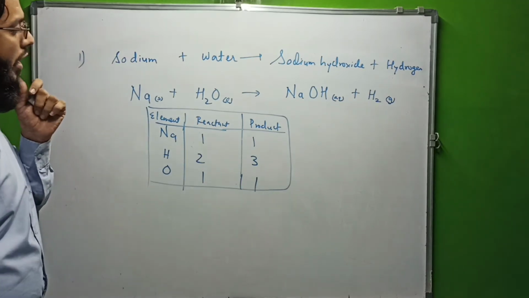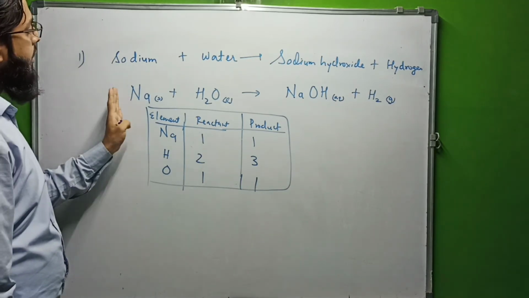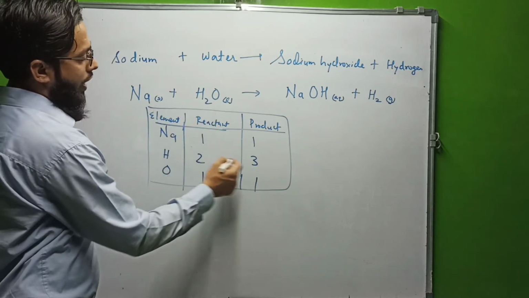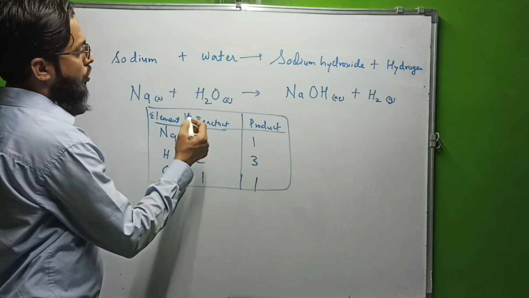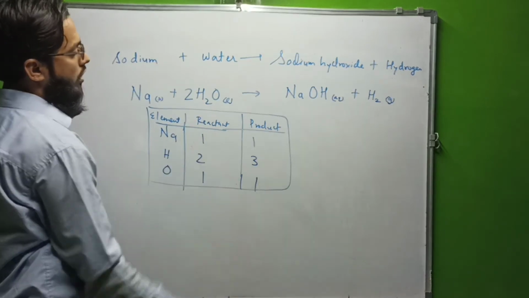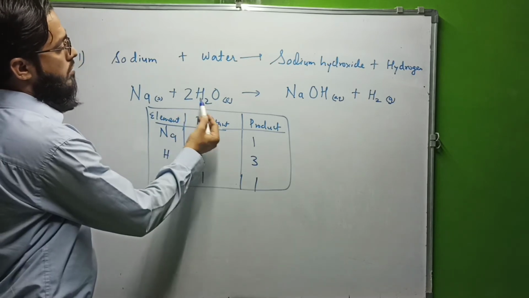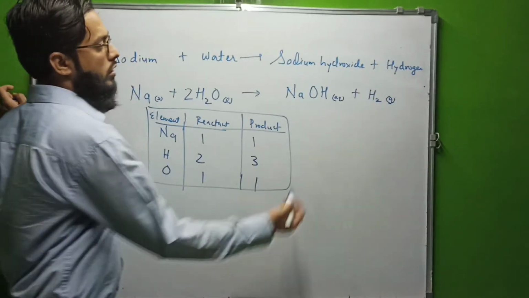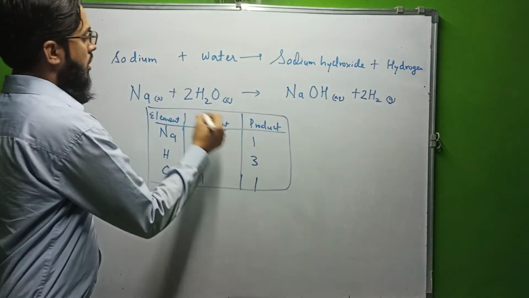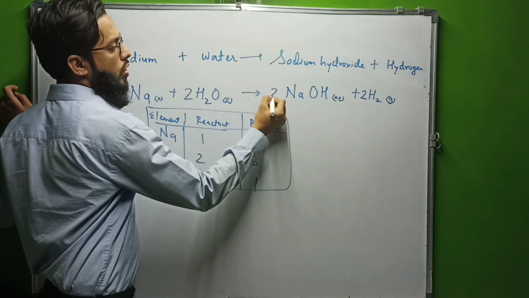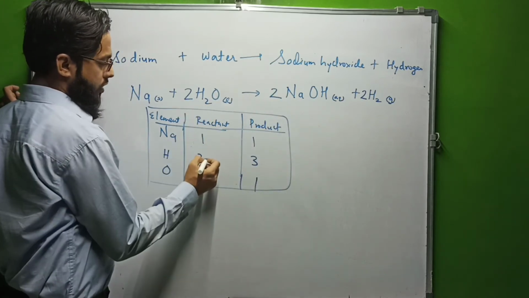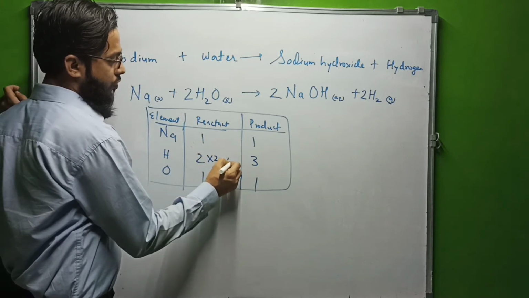Just by looking at this reaction, hydrogen is not the same, so we can change it this way. Keeping 2 over here, it becomes 4 hydrogen. Oxygen gets 2.